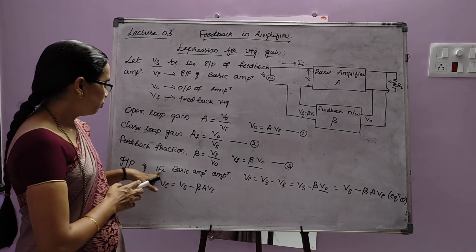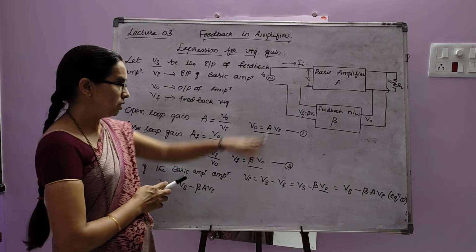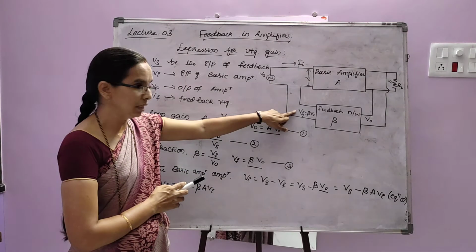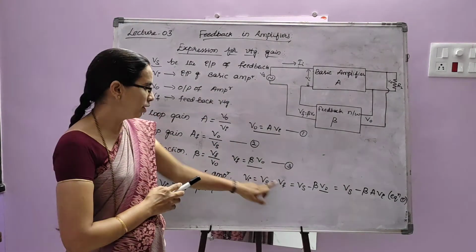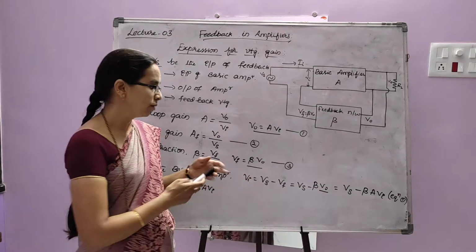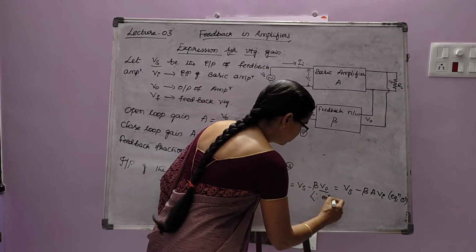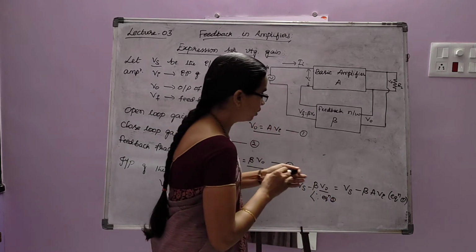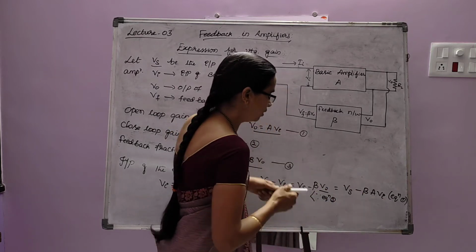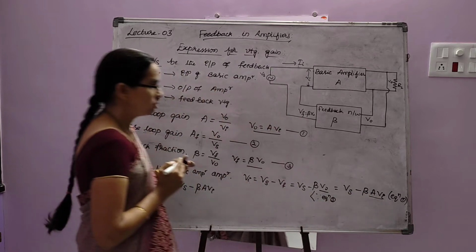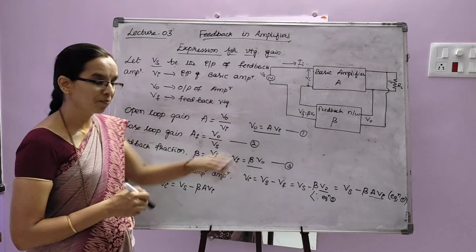See, the input of the basic amplifier Vi is equal to Vs minus Vf. Vf can be written as beta V naught, this is by equation 3, and V naught can be written as A into Vi, that is by equation 1.